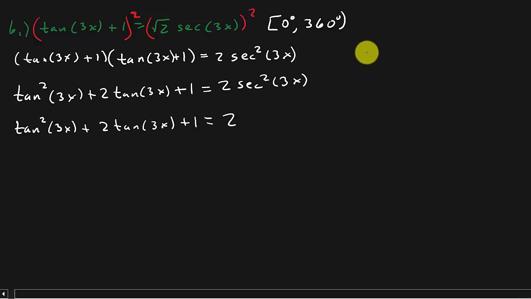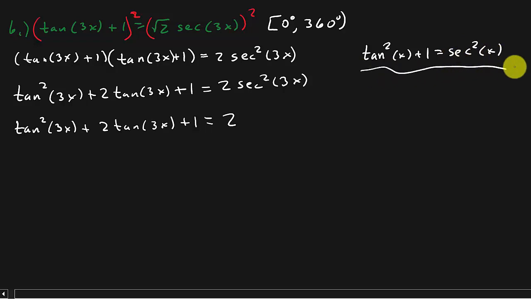Well, remember your identity. Tangent squared x plus 1 is equal to secant squared x. That's one of your Pythagorean identities. So secant squared is this. So that's going to be 2 times tangent squared x plus 1.